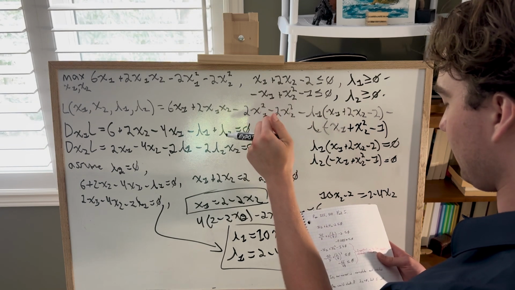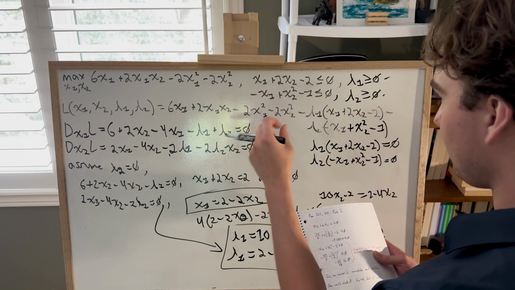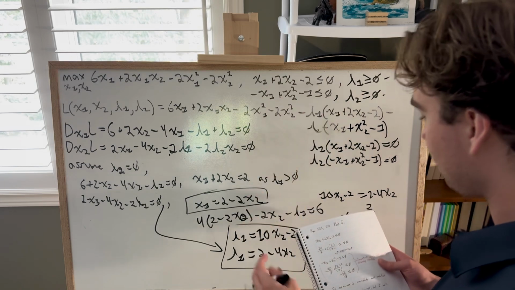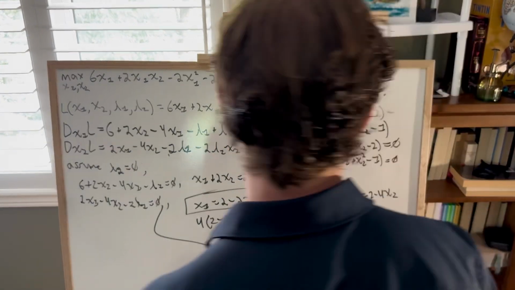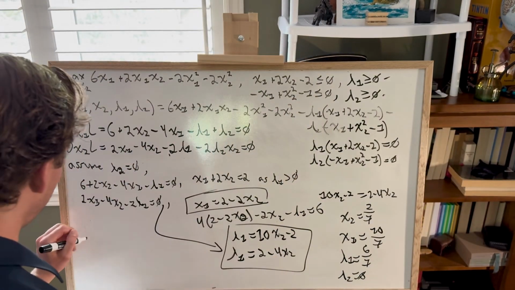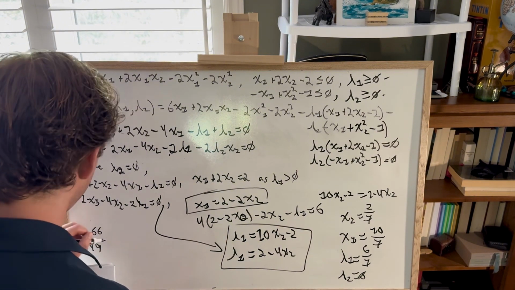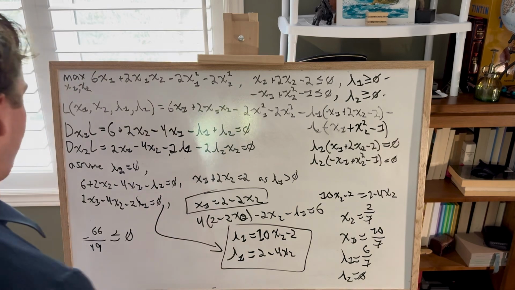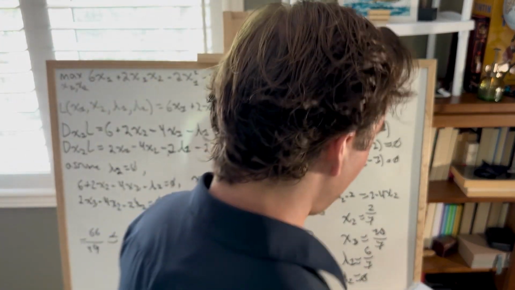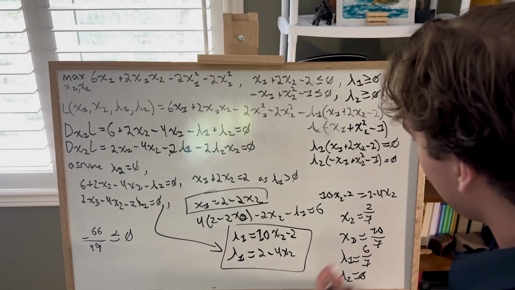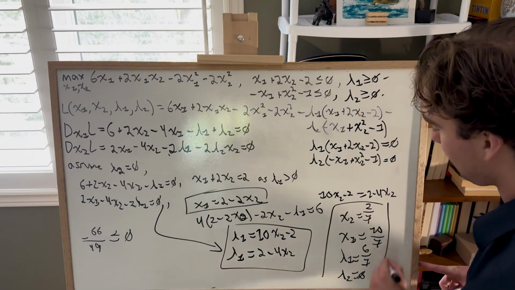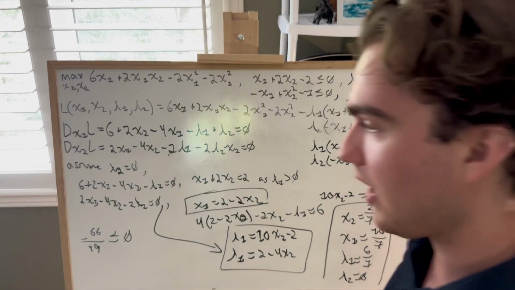Again, I am tweaking. If we plug in our numbers, this turns out to be less 66 over 49, which is definitely less than or equal to 0. So our answer is complete and satisfied at these coordinates.